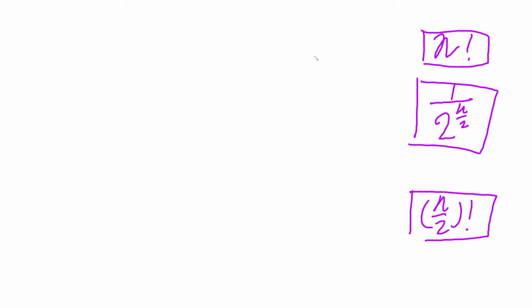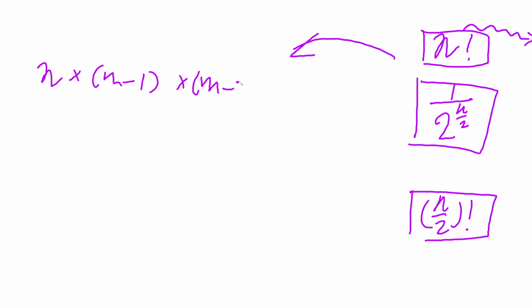And mathematically speaking, if n is an integer, because it's a number of objects, I'm sure this function has some more abstract definition for n that is not an integer, but for n being an integer, it's mathematically equal to n times n minus 1 times n minus 2.